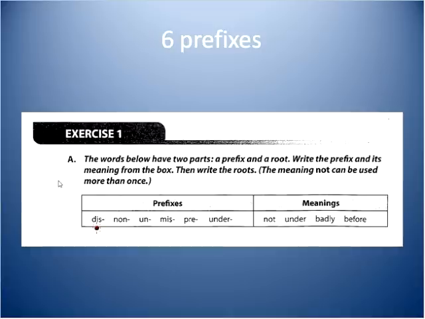These prefixes, dis, non, un, mis, pre, under, have the meanings not, under, badly, and before. Dis means not. Non means not. Un also means not.